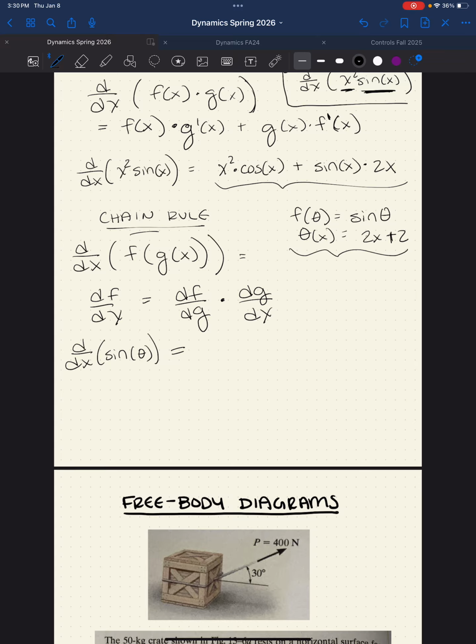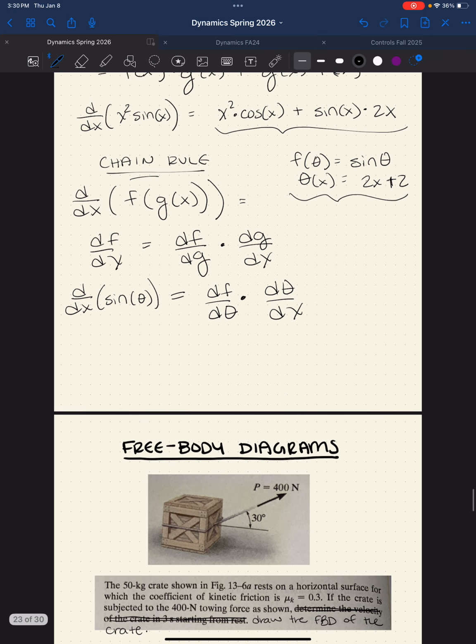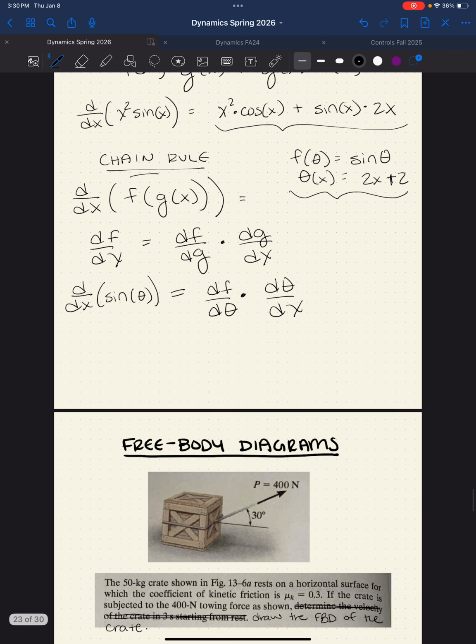So I need to do df d theta first and multiply it by d theta dx. And I can do these two things. I can take the derivative of sine of theta with respect to theta. That's just going to give me cosine of theta. And then the derivative of theta with respect to x is then just 2. Okay, so I get 2 cosine theta.